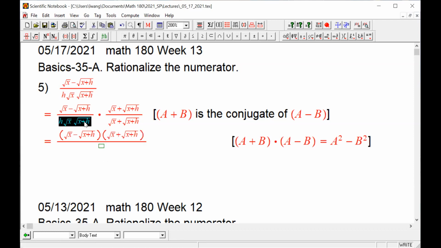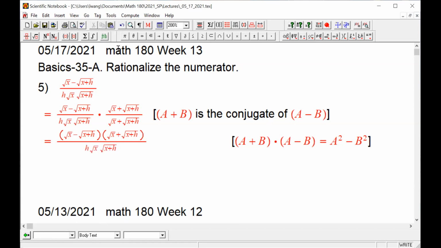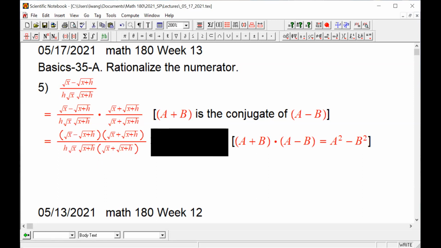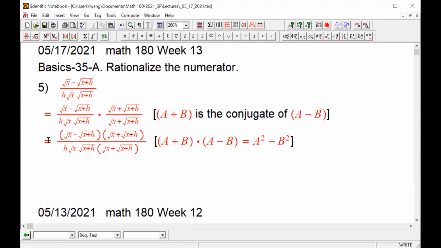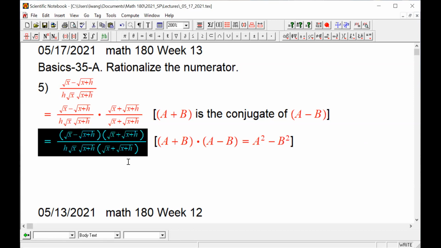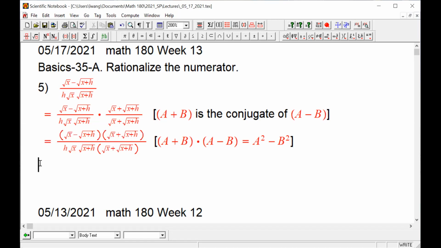Now the denominator. We have a denominator here, and that's going to multiply the other denominator, because we're doing the product of fractions: numerator times numerator, denominator times denominator. This step is not entirely necessary for you to show, but I show it because I want to show you what's going on. As you get better, you can skip this step and go to the next one. Now, is that done?